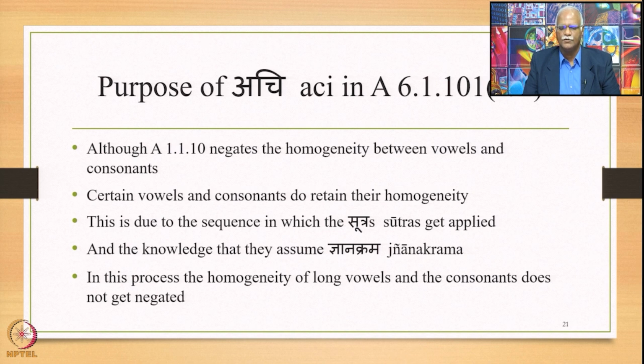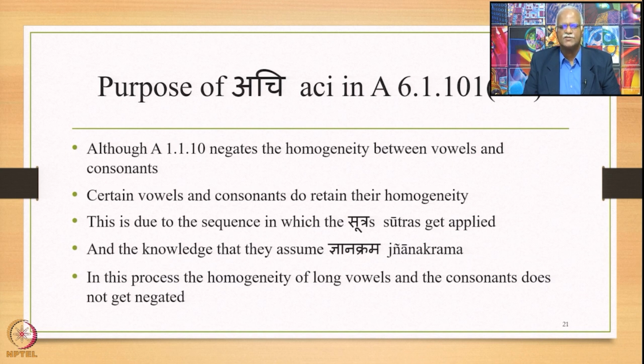This is due to the sequence in which the sutras get applied, and this is due to the interpretation of certain sutras following certain sequence of knowledge. So, the knowledge that these sutras assume creates a particular mechanism in which certain vowels and consonants get omitted and they do retain their homogeneity.